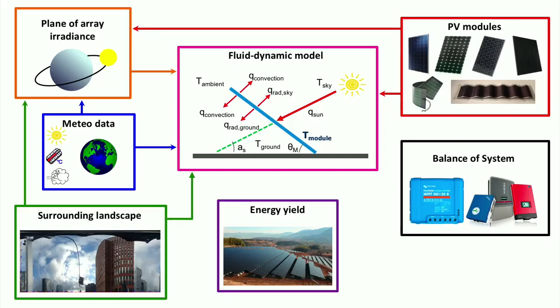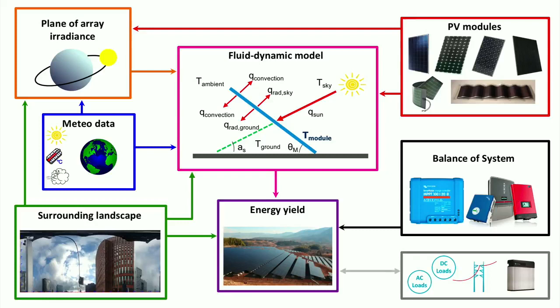The power output of the system can be calculated by taking into account the DC power output of the modules, the performance of the balance of system components, and the module shading in a PV system. With an accurate yield estimation, we can determine the correct size of the PV system and the energy storage component. The correct system or battery size might, for example, depend on the power consumption of the connected loads.